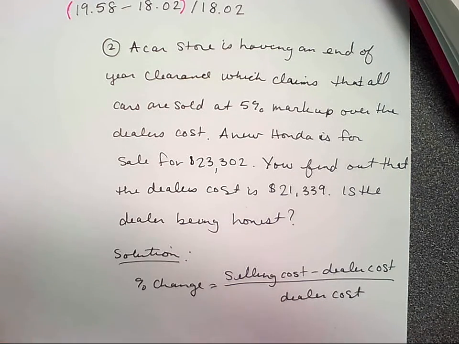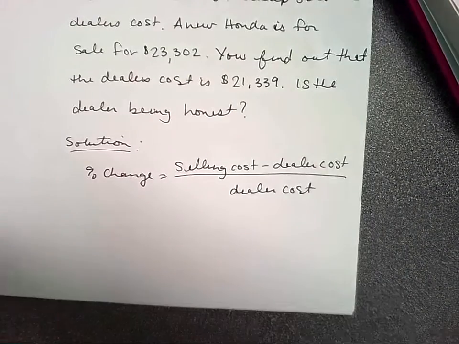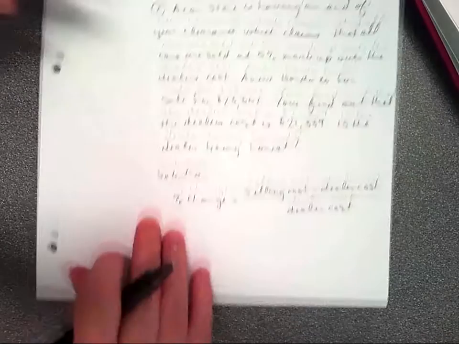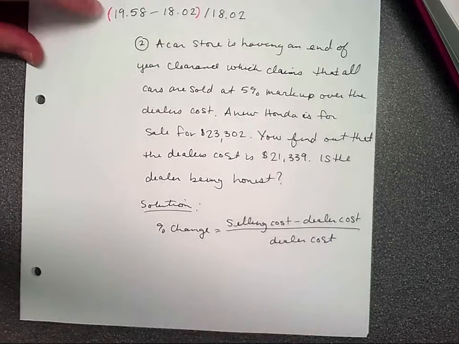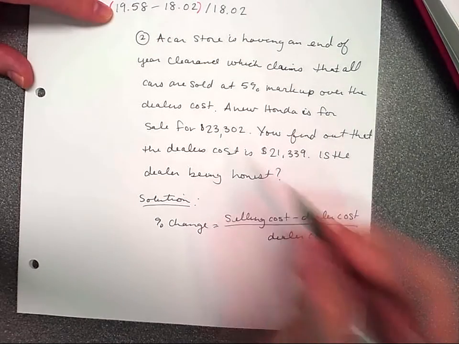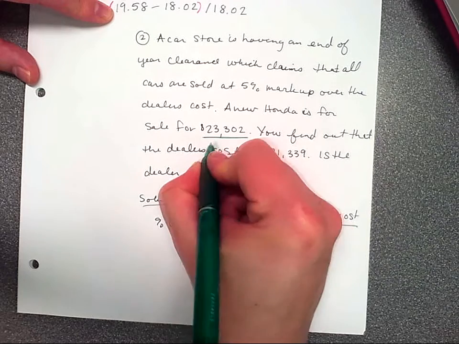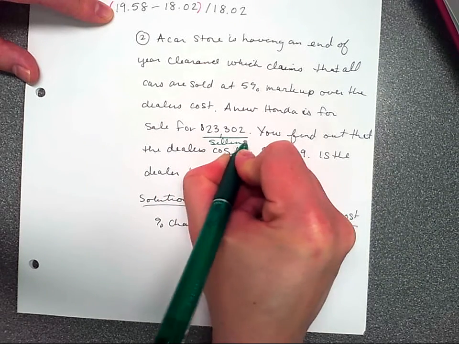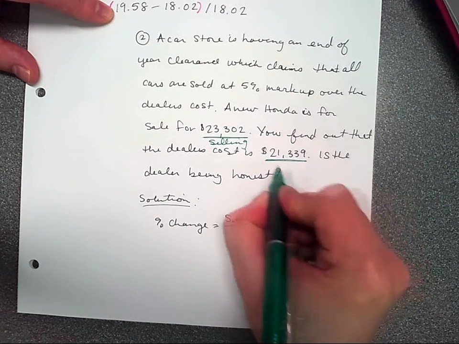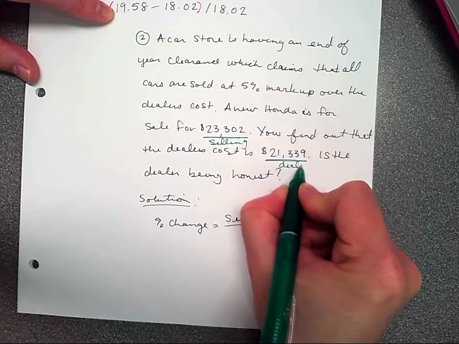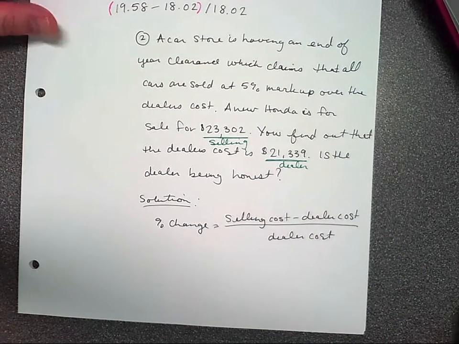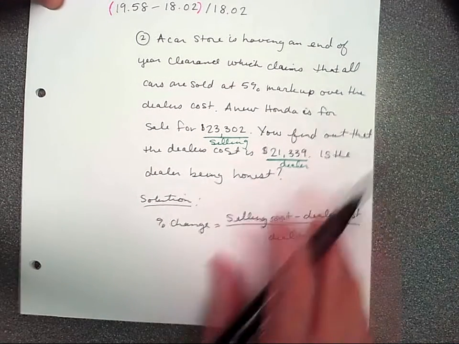That's the percent markup. Now I need to label my stuff. Selling cost is the $23,000. The dealer's cost is obviously here. So now I need to go in and plug in my stuff.